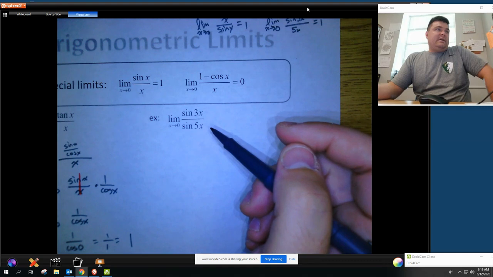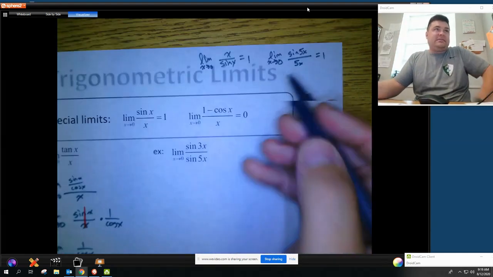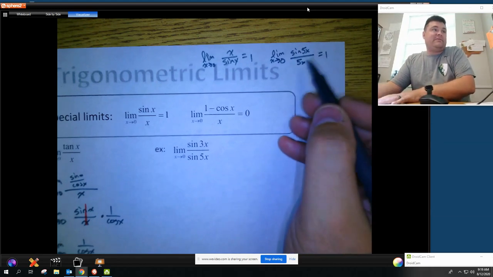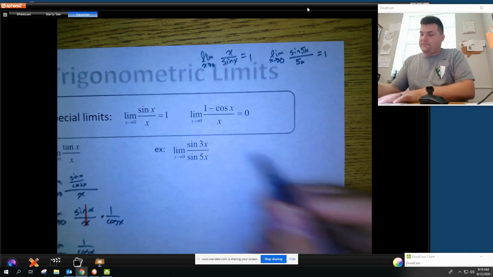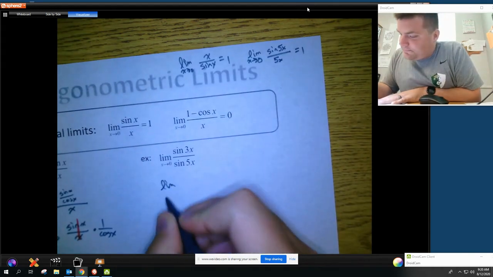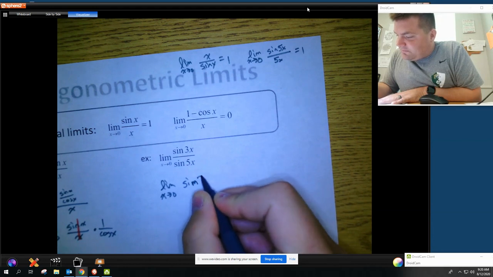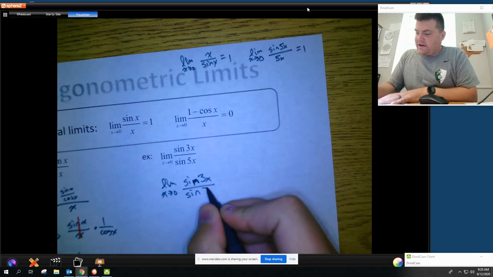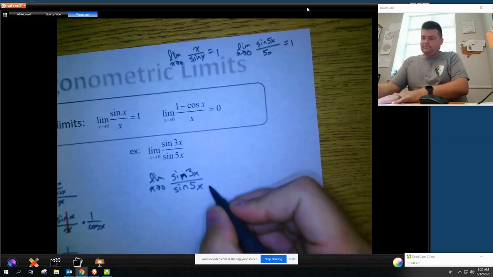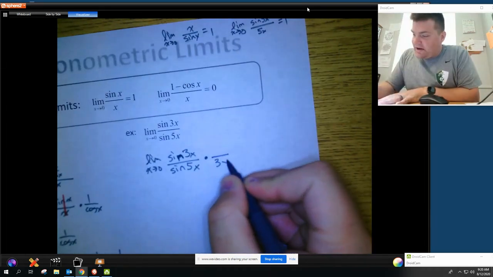But I need to create this situation up here with the 5x. I need to create a 3x on the bottom. So let's do it. So sine of 3x over sine of 5x times, I need a 3x on the bottom, and I'll rearrange it.